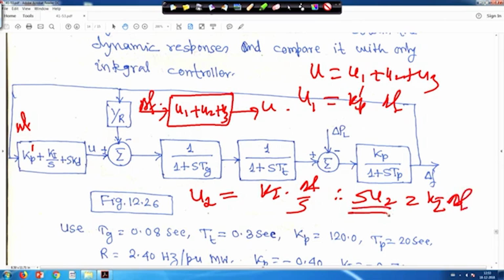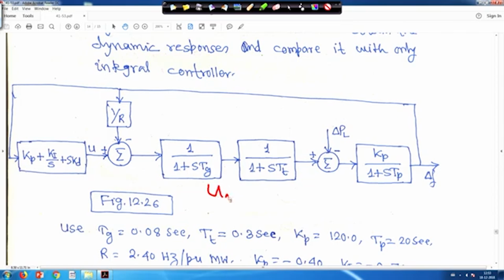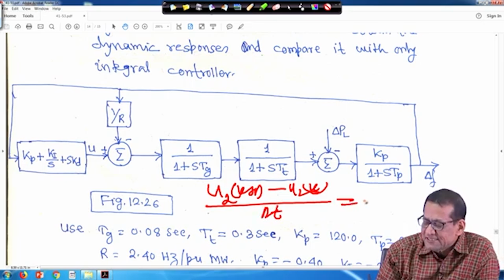So, this is the derivative, U2 dot is equal to Ki into delta f. That U2 dot can be written as U2 (K plus 1) minus U2 (K), where K is the sampling instant, divided by delta T, is equal to delta f K.